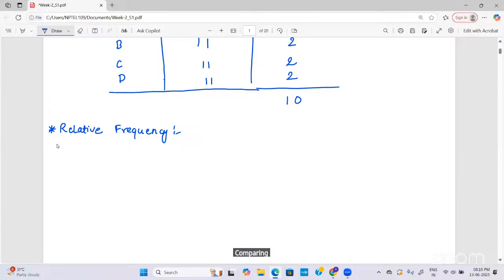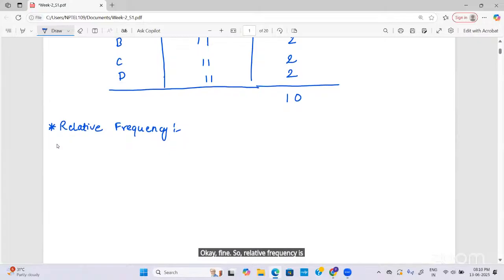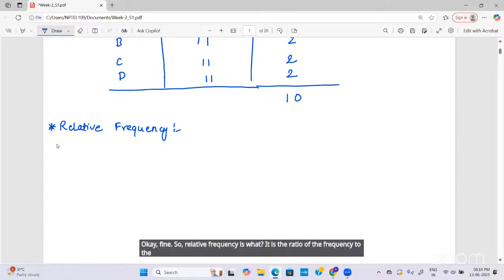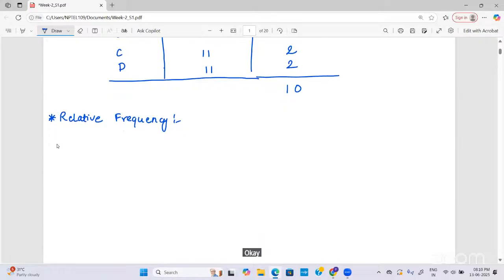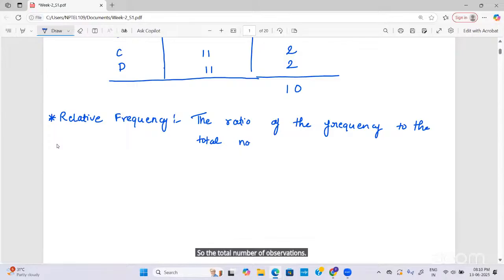It is the ratio of the frequency to the total number of observations. Okay, it is called relative frequency.